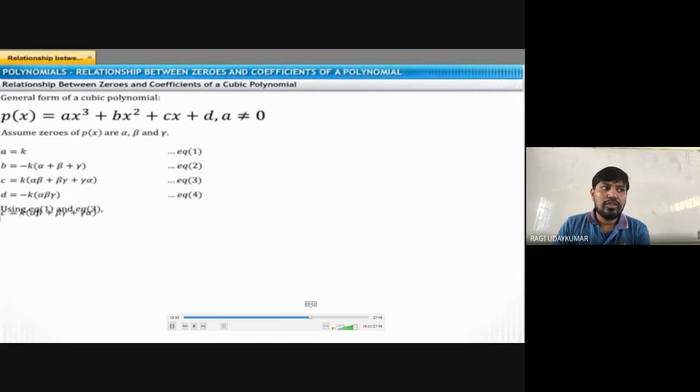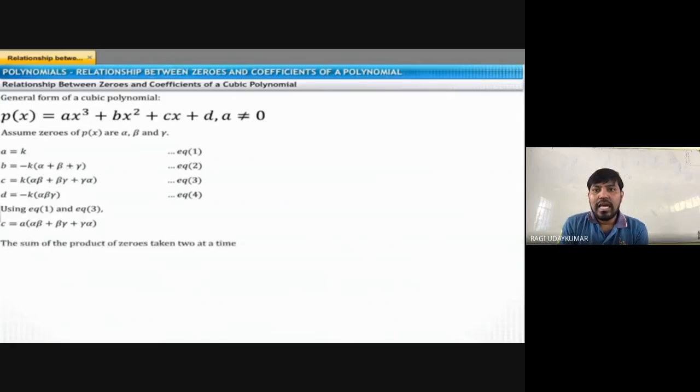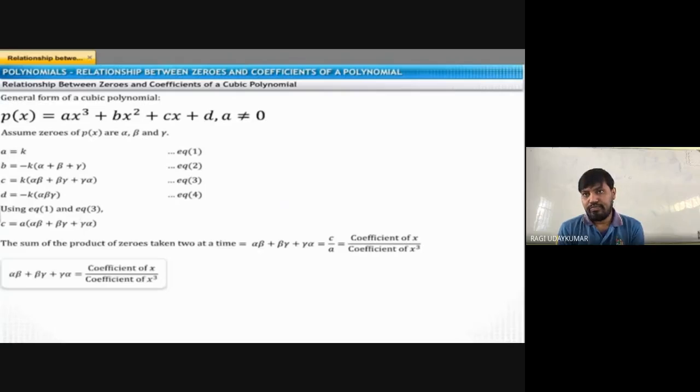Finally, your simplification is the same, and comparing the coefficients, the relationship is alpha beta, beta gamma, gamma alpha is equal to C by A. Sum of the product of the zeros taken two at a time. Two zeros taken at a time, their product, and that product sum should be taken. So that is C by A.